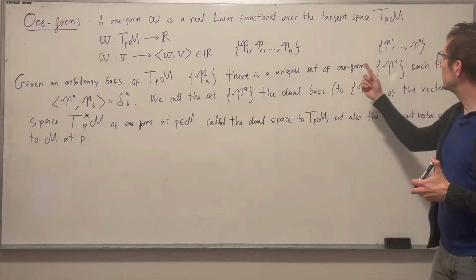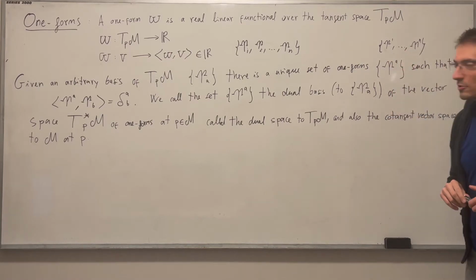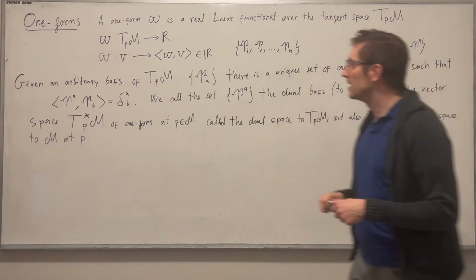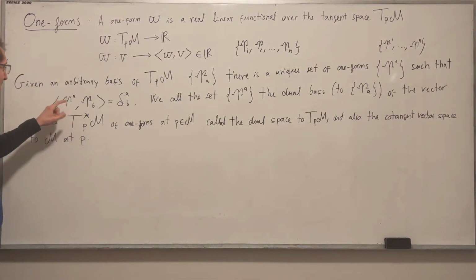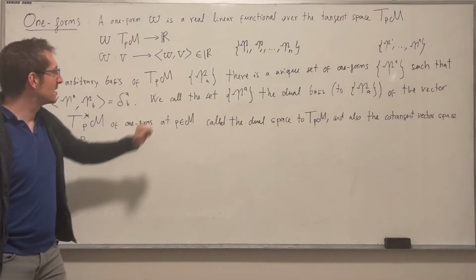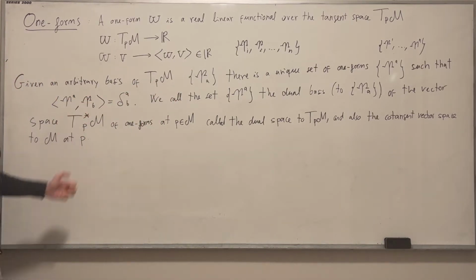So we have a unique set of Oneforms with the index that notates the elements of the set upstairs, a super index, such that the action of the A-th element of the set of those Oneforms acting on the B-th element of the basis of TPM that we're considering gives me the identity, the Kronecker delta.